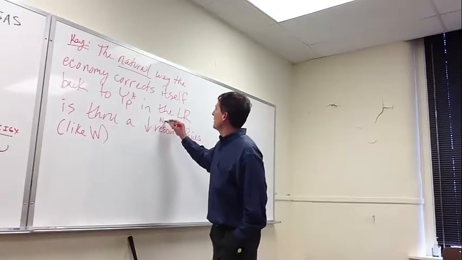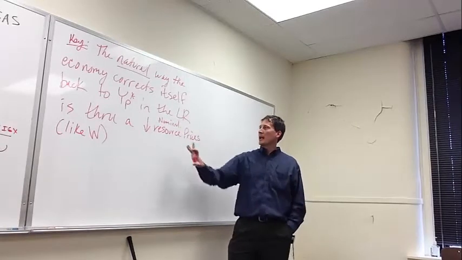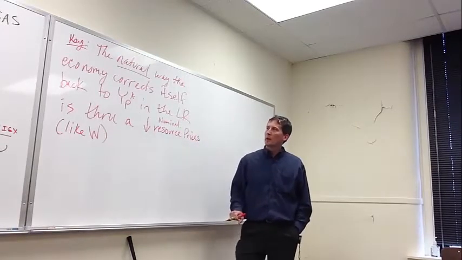And let me go ahead and add the word nominal. I snuck it in a few times. We're looking at nominal resource prices, big W, when we think about that.